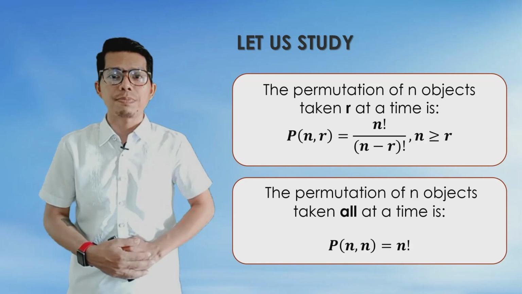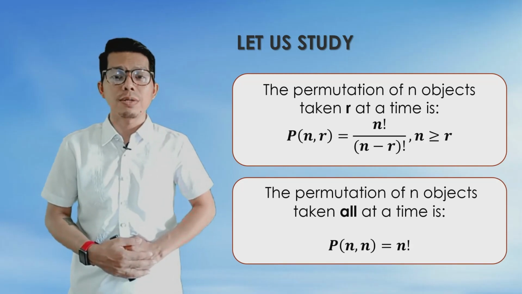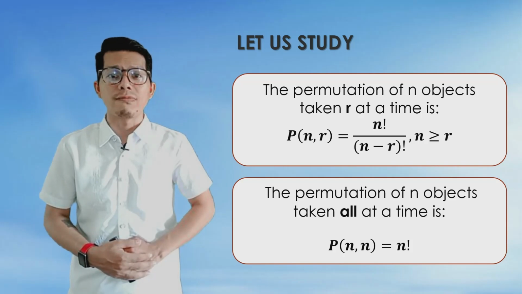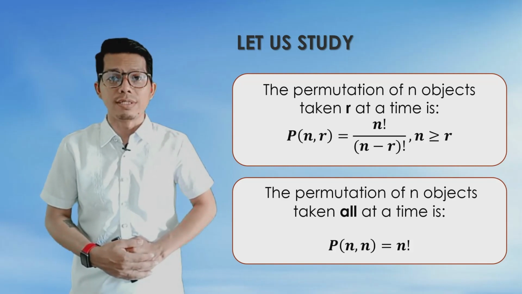And the permutation of n objects taken n at a time is equal to n factorial.